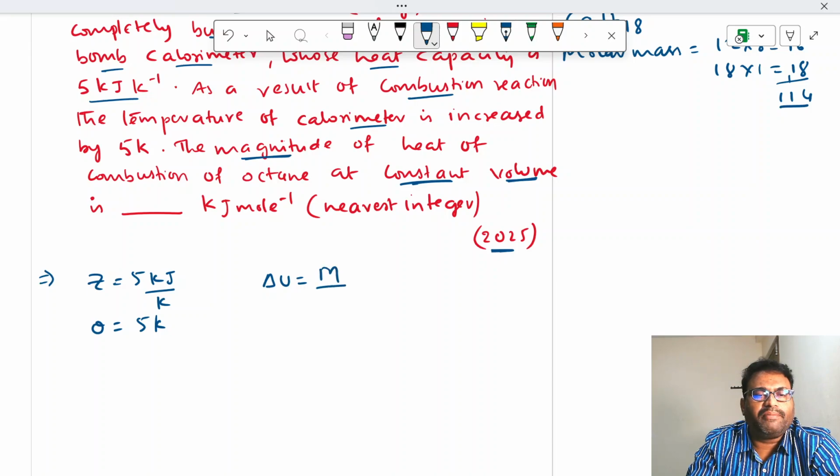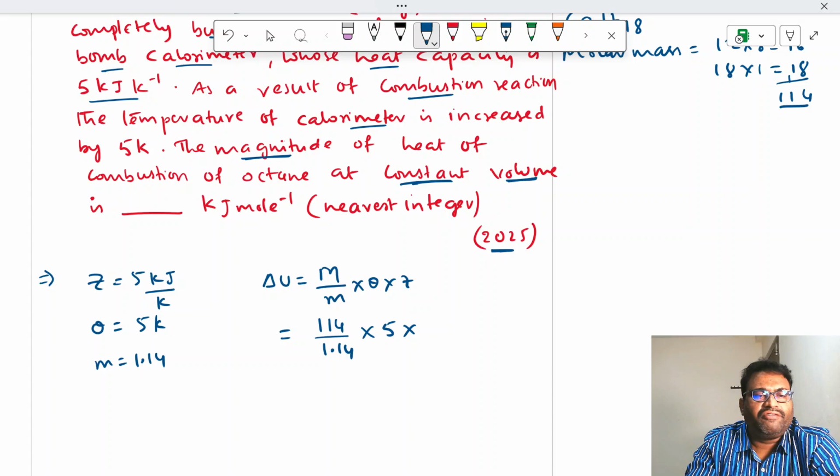So delta U is equal to, we know the formula, M by small m into theta into Z. The molar mass we have calculated as 114, by 1.14 given mass, into theta, the rise in temperature, 5 Kelvin, into Z, 5 kilojoule per Kelvin.